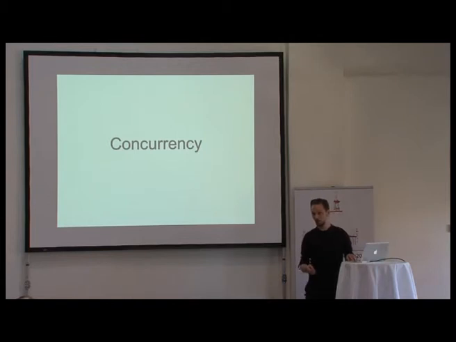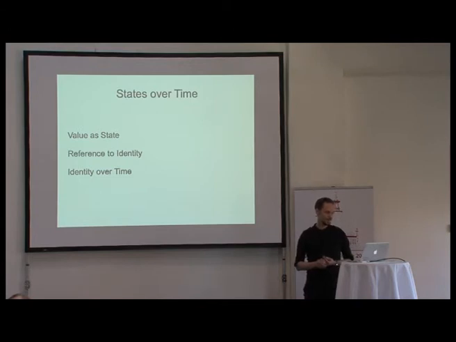Which leads us to concurrency, because sometimes this is not possible to do. You have to modify some shared state somewhere, and Clojure, of course, has support for that as well. It explicitly models things as transitions of states over time, and what we've seen so far is values. Everything is a value, and the value is a state.